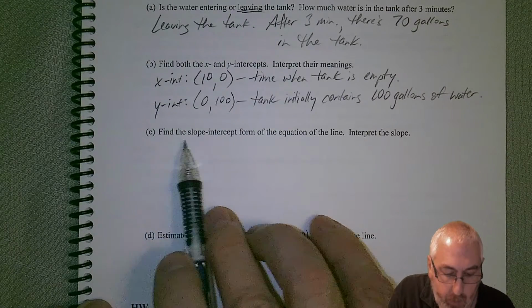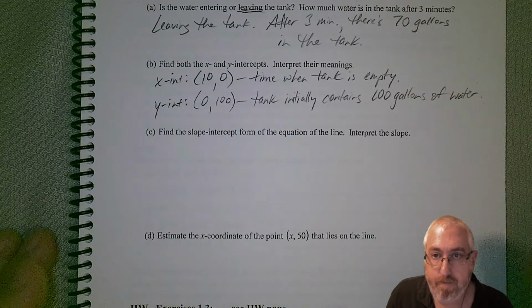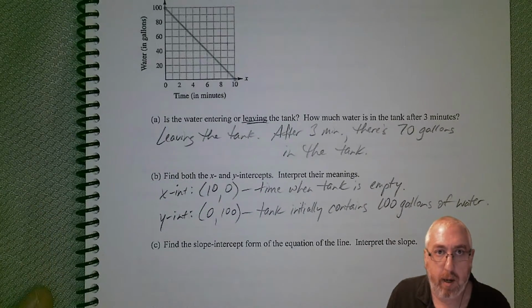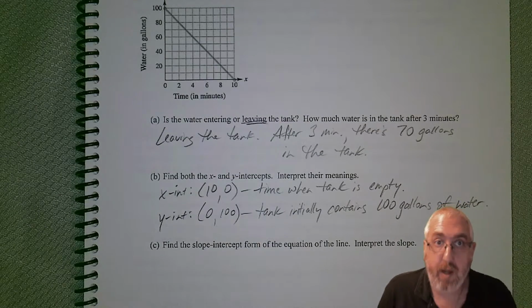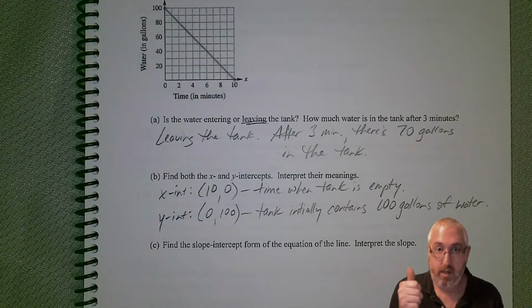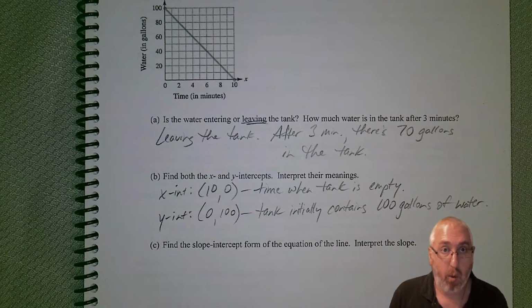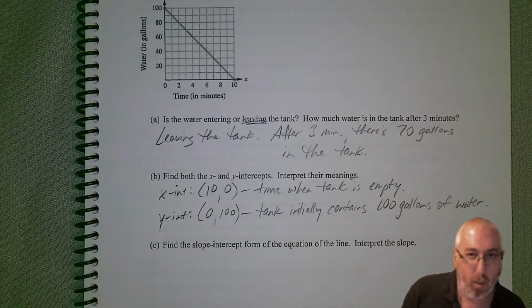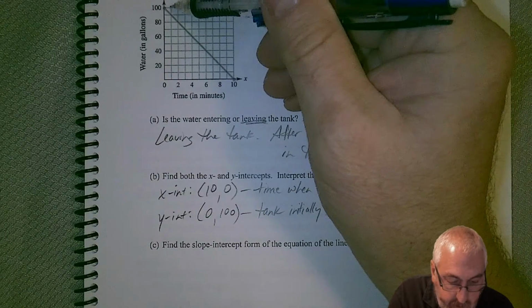Find the slope-intercept form of the equation of the line, interpret the slope. All right, so what do we need for our slope-intercept form? What two things? We need the y-intercept, which we got, but we also need the slope. So what's the slope? Well, it's going over 1 and down 1.